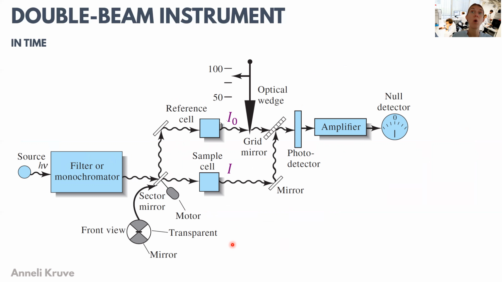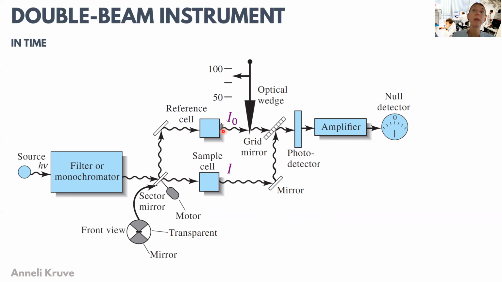And this is based on, again, the same light source and the monochromator, but here we do not constantly split the light, but we are actually using a kind of a grid that is consisting of an equal part of transparent and mirror plates, so that when it rotates, in one moment, the transparent part is on the light path, so meaning that light will go directly through and enter a sample cell, while when it turns a bit further, then the mirror part is what the light quanta are hitting, and then this light beam is mirrored to 90 degrees and directed to a reference cell, so the cell where our blank is in.